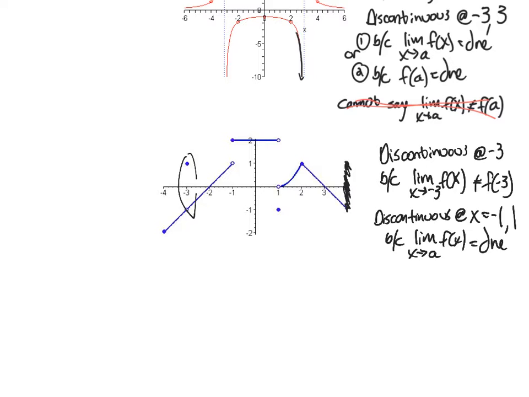But when you're listing the same reason for multiple points, you can just use a as the placeholder. As I approach -1 from the left and from the right, those arrows are pointed towards different places, so it does not exist. Same thing for positive 1.